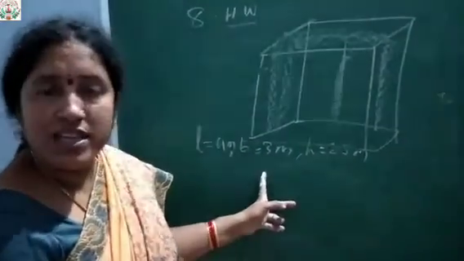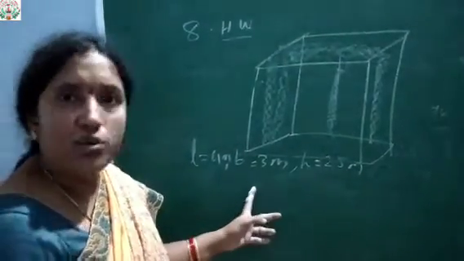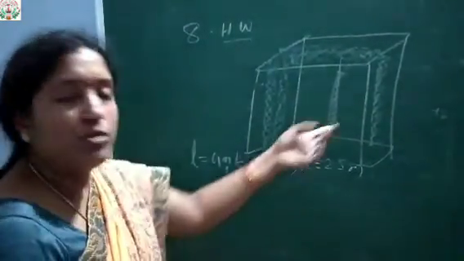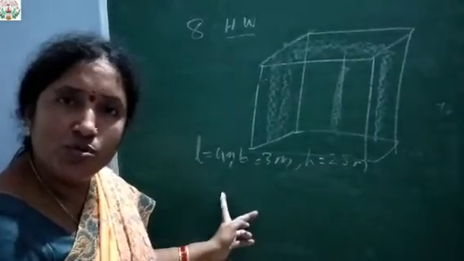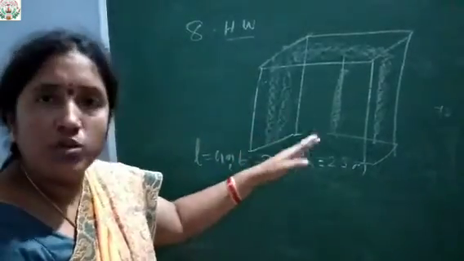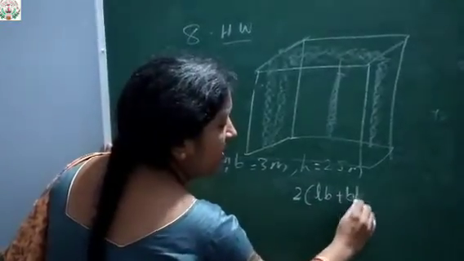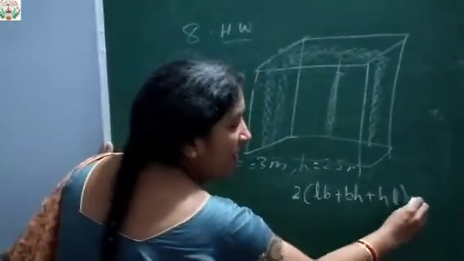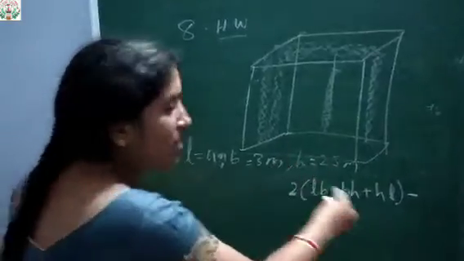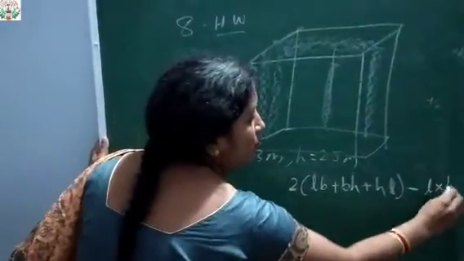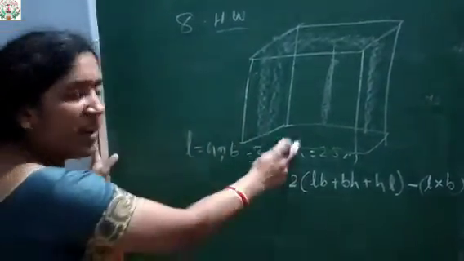So the lateral surface area formula you also know, so that way you can find. Or the total surface area formula, LB plus BH plus HL minus, because the bottom area is a rectangle, so it will be L into B.